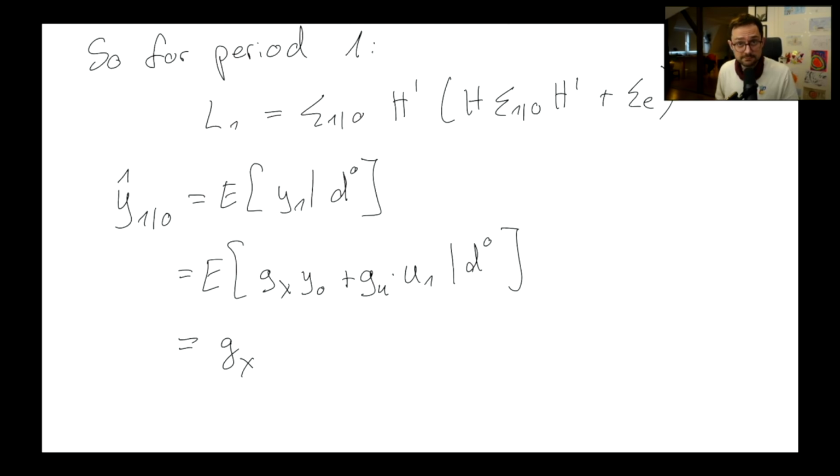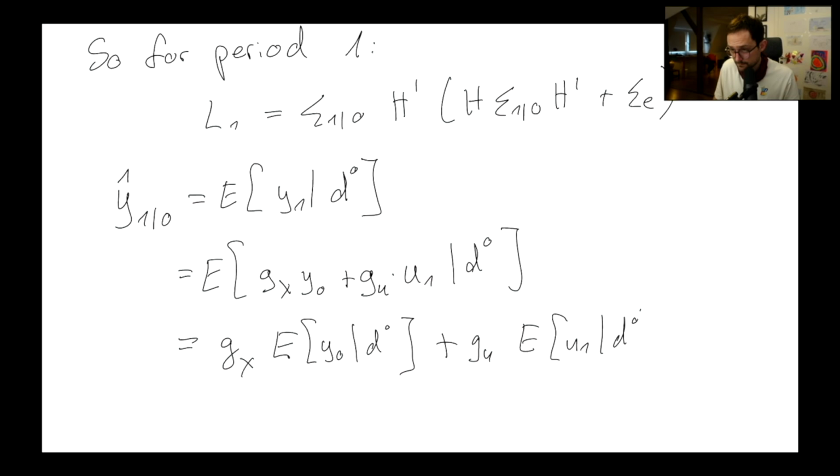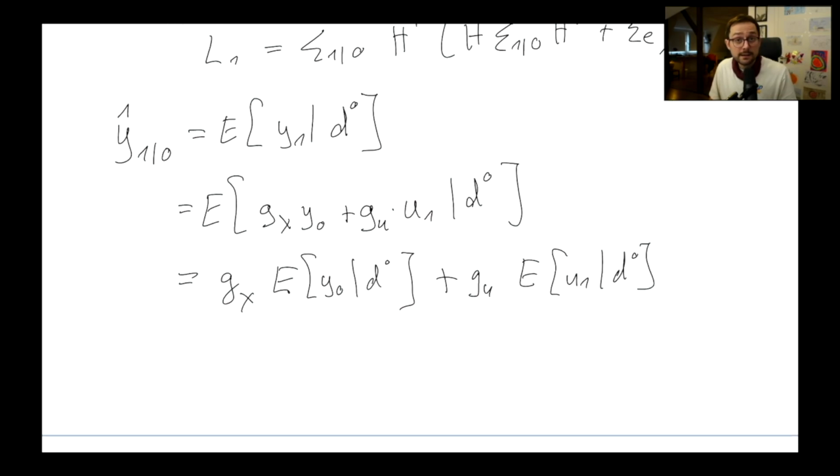Gx is not random, it's always the same matrix there. The conditional expectation for next period's shock is always 0, given information today.